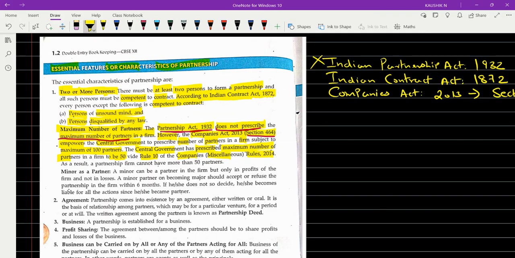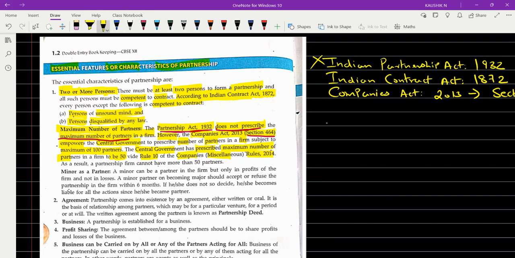It is only the Companies Act of 2013 that is insisting on a maximum number of members, and they have provided the right to the central government to prescribe it, but it should not cross 100. The central government is freezing 50 as the limit. Based upon which rule or which act, if you ask, it has been prescribed as 50 based upon Rule 10 of the Companies Miscellaneous Rules 2014.